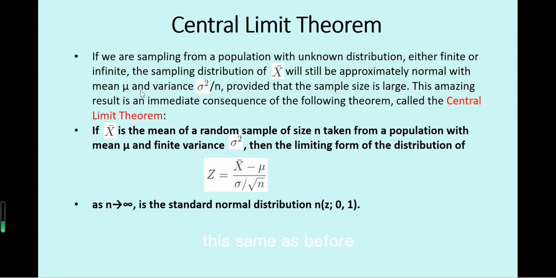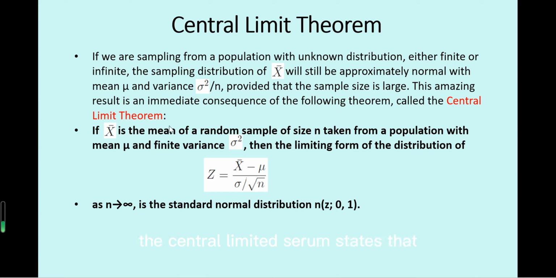This is the same as before, but provided that the sample size is large enough. This amazing result is an immediate consequence of the following theorem, called the central limit theorem.